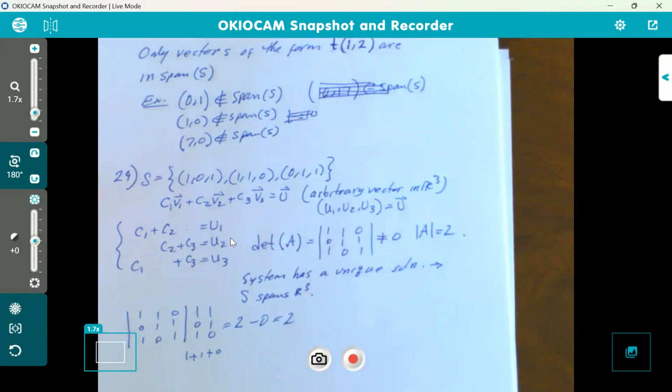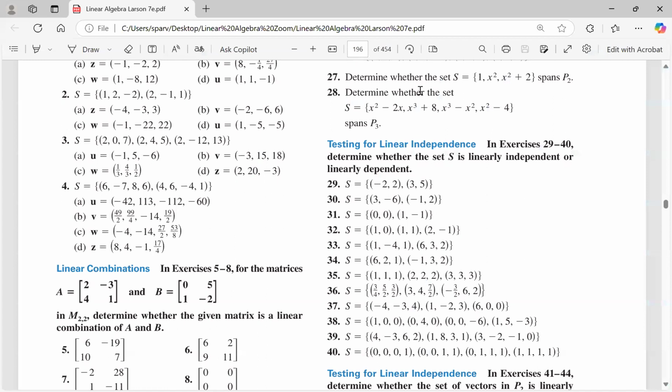Okay, so we got that one. The rest of these are the same thing. Test for linear independence. Again, for these, you would do them the same way.